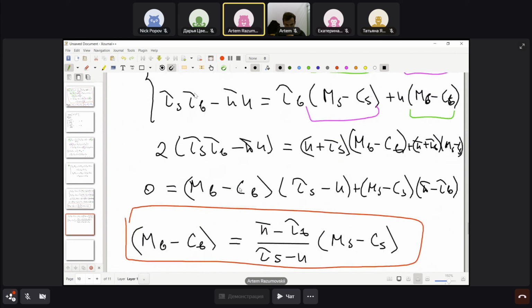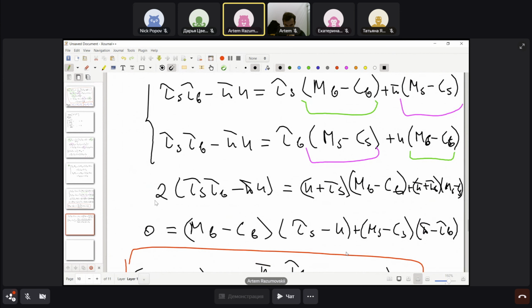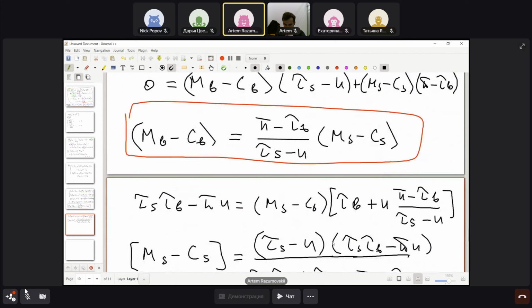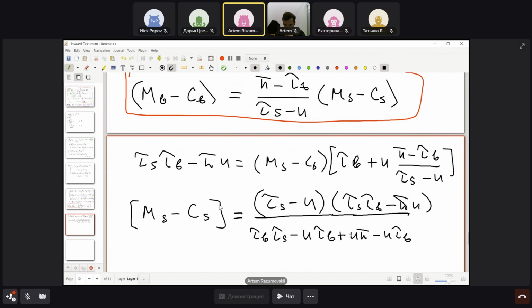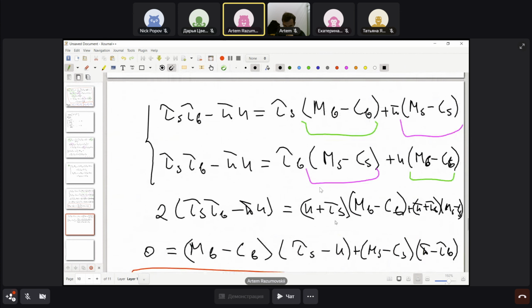Can you check me? Here it's supposed to be a different sign for the second. I don't know why. So that looks correct.